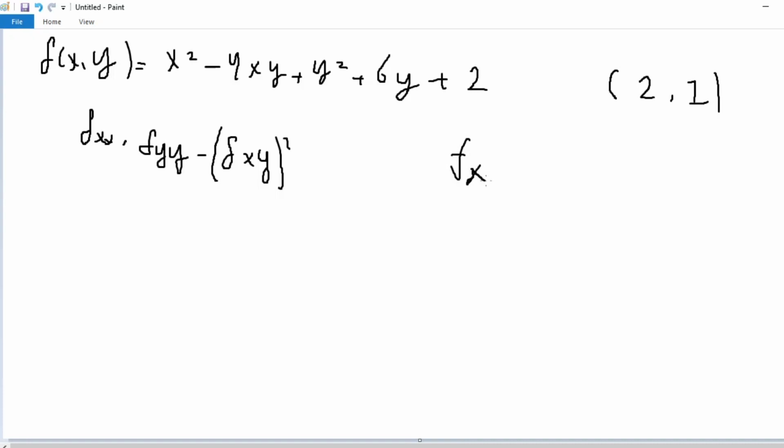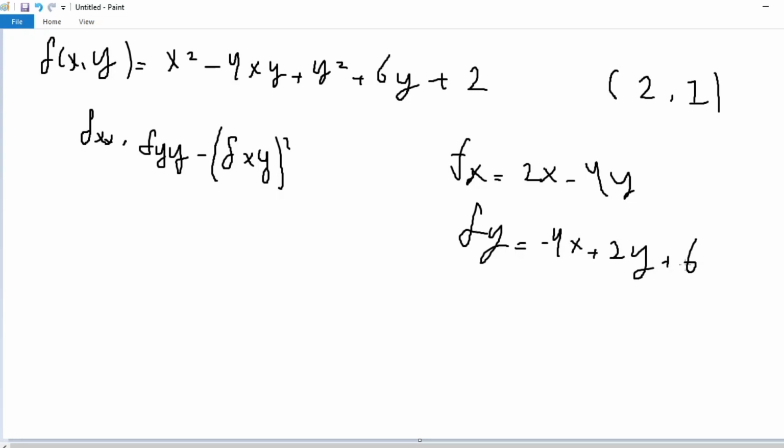So the partial derivative with respect to x here is 2x negative 4y, and the partial derivative with respect to y is negative 4x plus 2y and then plus 6.